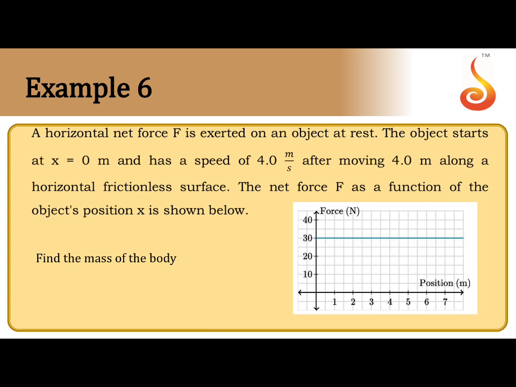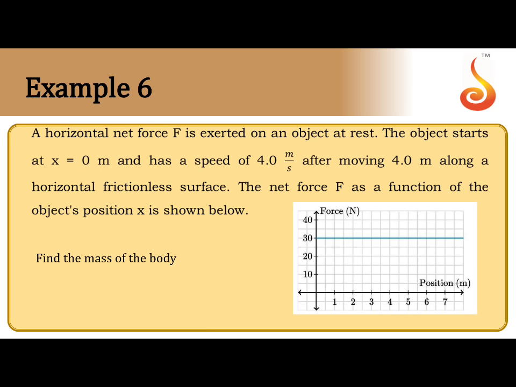This is a problem based on the graphical representation of force and position. In the problem, a horizontal net force F is exerted on an object which is at rest.